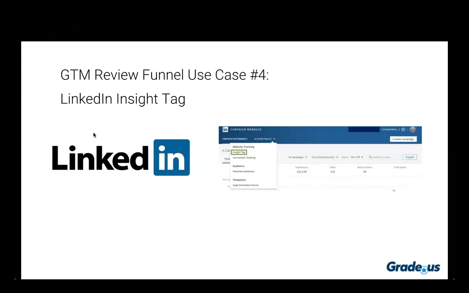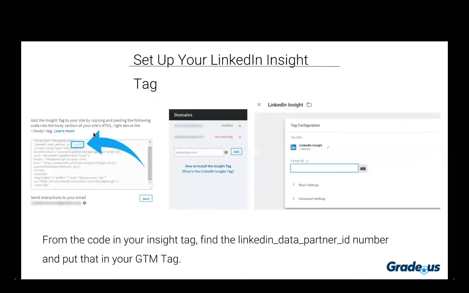So now you can see the LinkedIn audience demographic of your users who are visiting the review funnel. It's another simpler one where it's just a matter of grabbing the LinkedIn data partner ID from that insight tag code, and then placing it in the default LinkedIn Insight tag type right there under partner ID, and then installing that and triggering that on either all pages or specifically your review funnel.